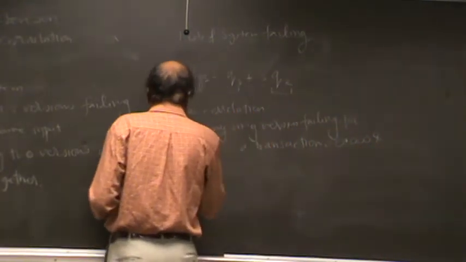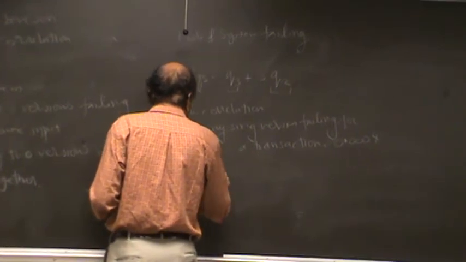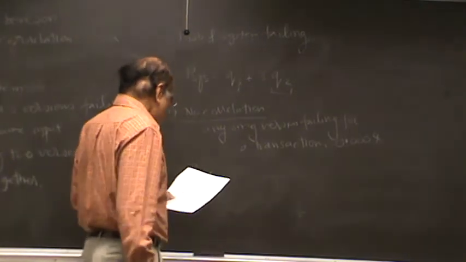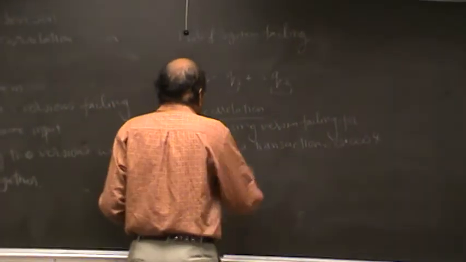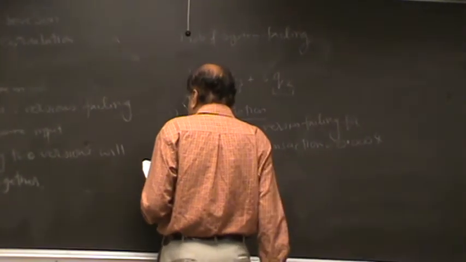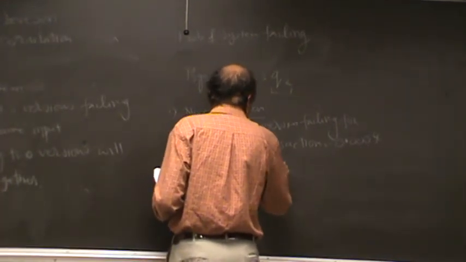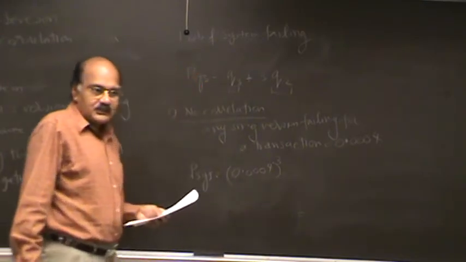So the probability of the system failing, if there is no correlation, would be, in this case, Q3 is going to be 0.0004 cubed, because there is no correlation.